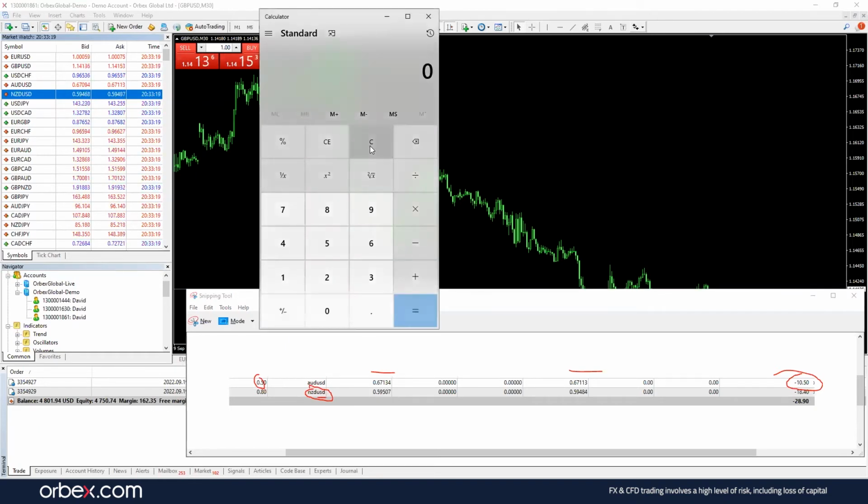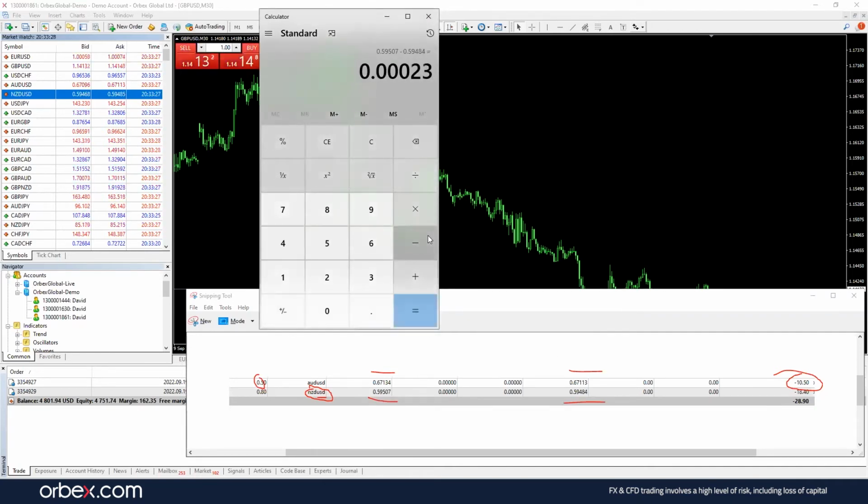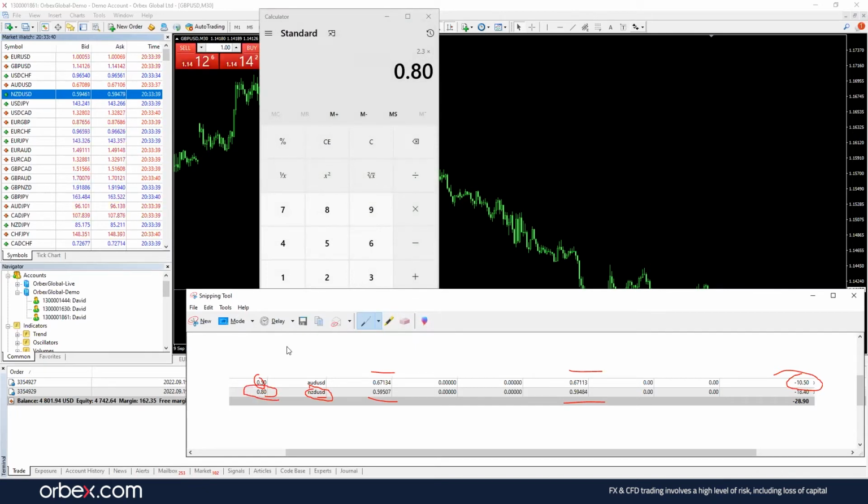So again, 0.59507, which is the open price, minus 0.59484. And that leads us to 2.3 pips, right? So 2.3 multiplied by 0.8 this time, because we've got a different volume size, and then multiplied by 10, 18.4.